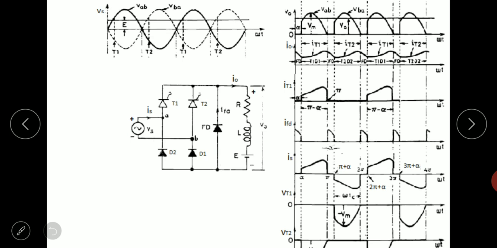If you analyze the waveform, T1 and D1 were conducting from omega t is equal to alpha to omega t is equal to pi, and the freewheeling action was through thyristor T1 and diode D2. So T1 was conducting in this portion also. So the total conduction time of thyristor T1 is from alpha to pi plus alpha. That means it is conducting for a total angle of pi.